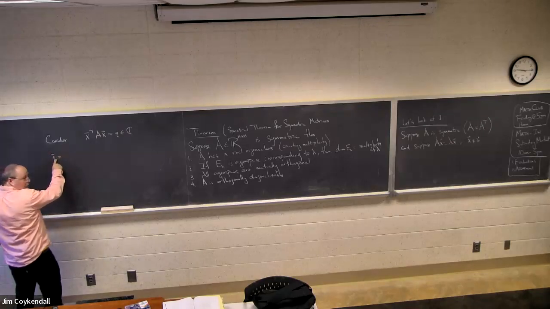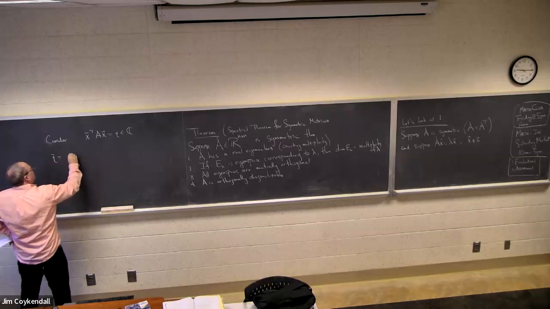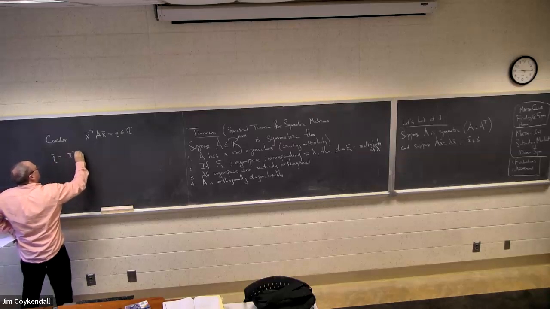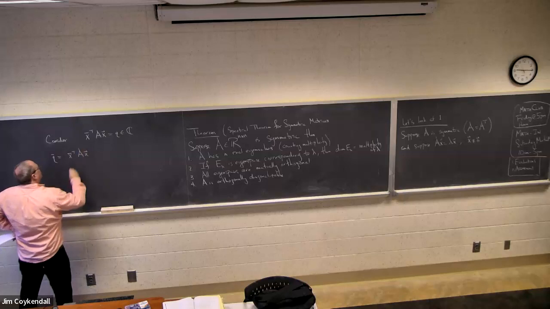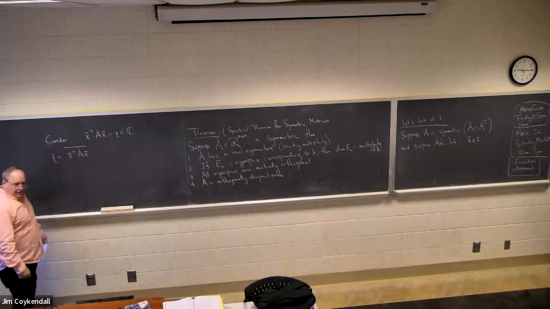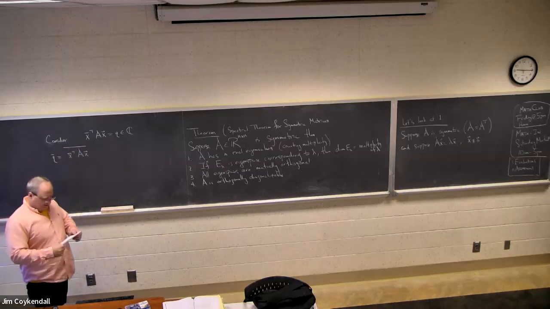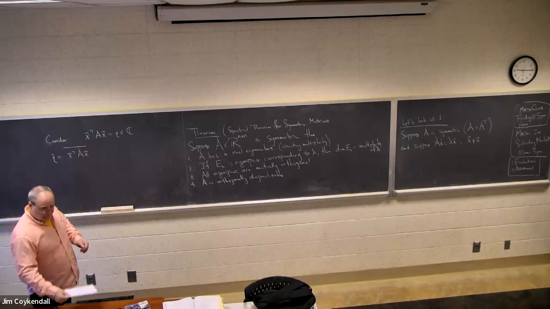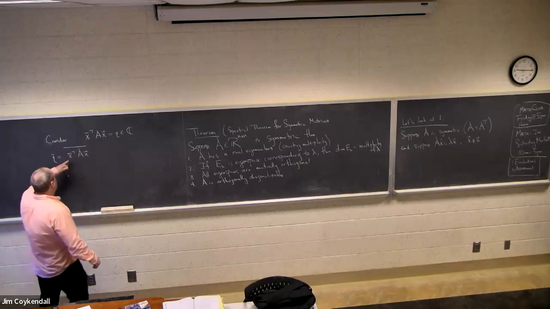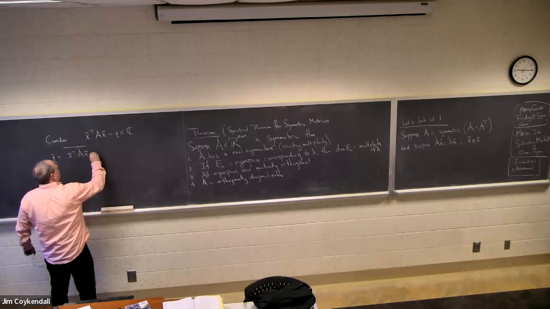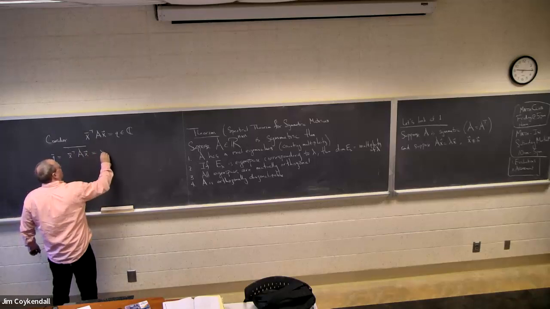If I take the bar, which means complex conjugate, I'm taking the complex conjugate of that whole thing. Everybody agree with that? And complex conjugate works one at a time.